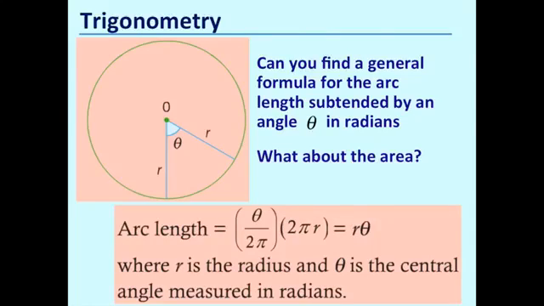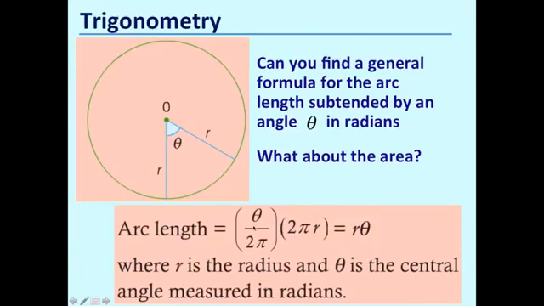To think about this, first of all, perhaps it's easier to look back to the work you may have done previously with degrees. So if we wanted to find this length here, we could recognize that the entire circumference is 2 pi r, which we've got here, and then we just want this proportion, which obviously is dependent on the angle. So we would do theta over 360, which will give us the proportion of the circle multiplied by the circumference.